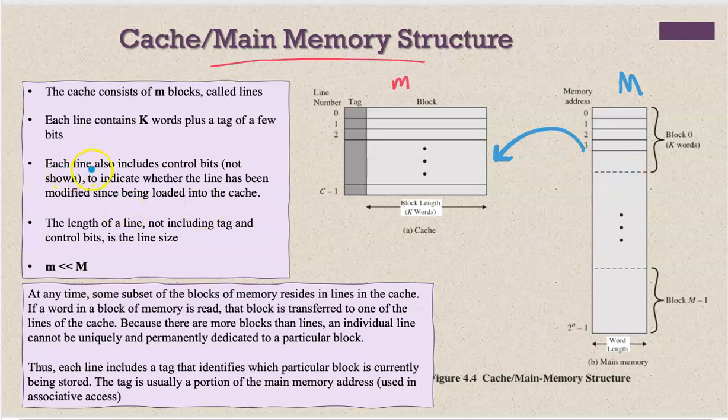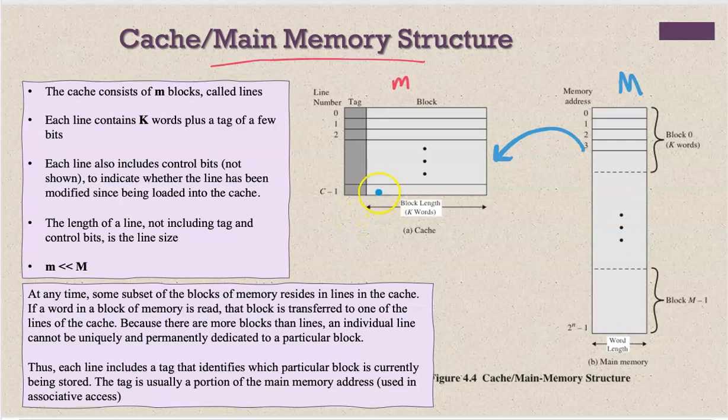Each line also includes control bits, not included over here, to indicate whether the line has been modified since being loaded into the cache. But this is not so important. The length of a line, not including tag and control bits, is the line size.